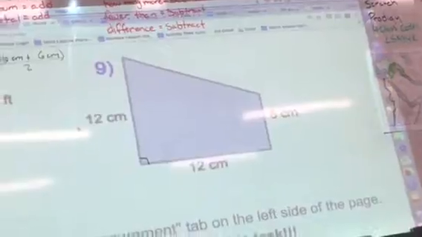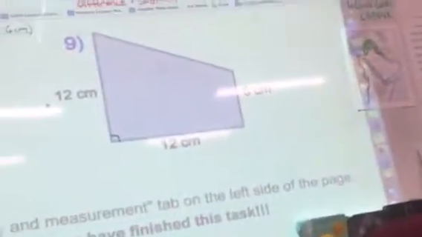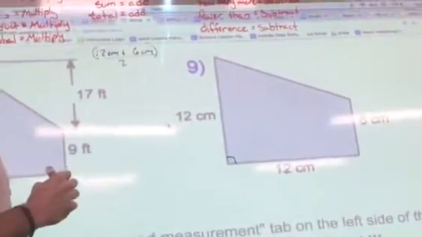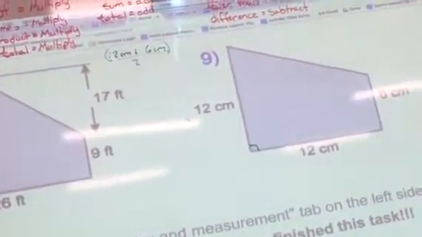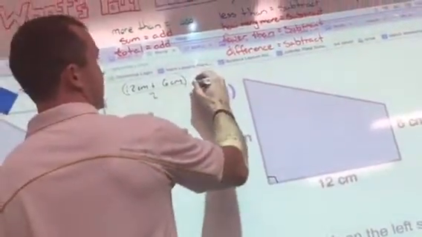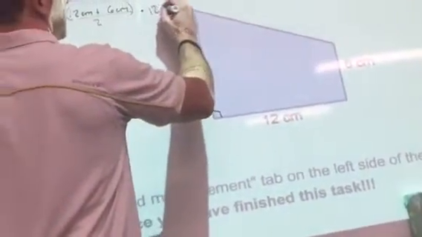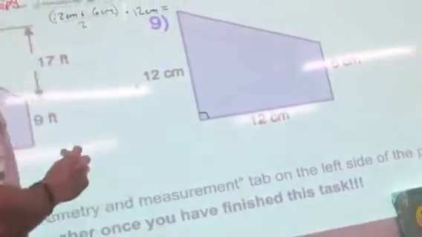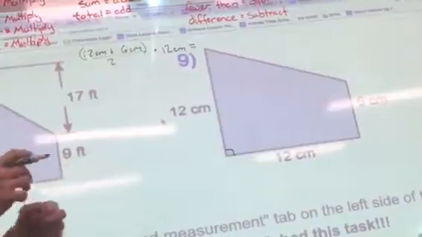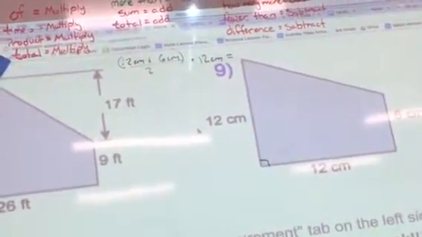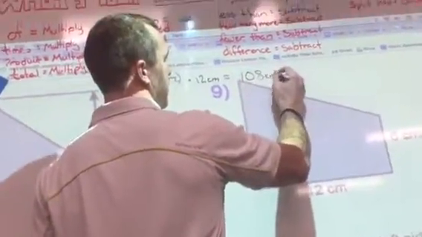Oops, I'm sorry, not 16. 12 centimeters. 18 divided by 2 is 9. 9 times my height, 12 centimeters. 9 centimeters times 12 centimeters. What do we get? 108 centimeters squared.